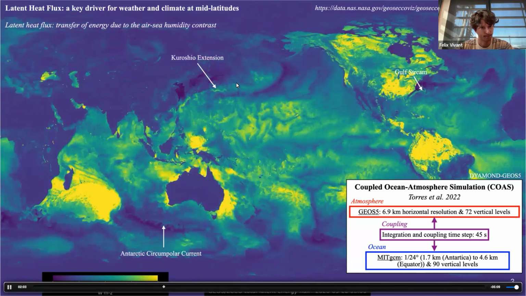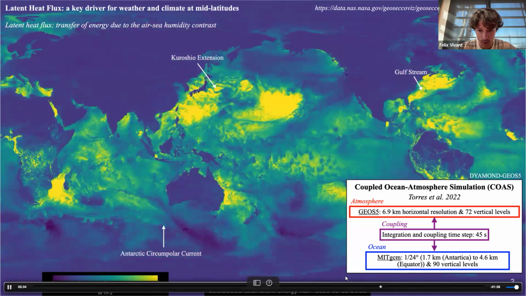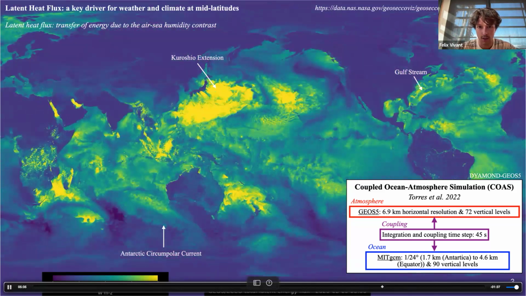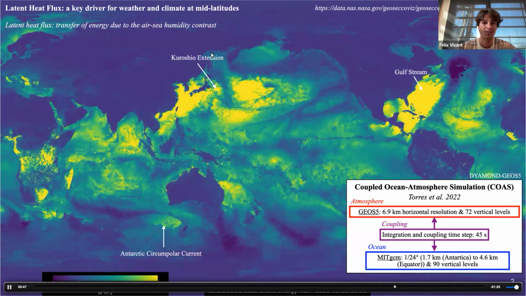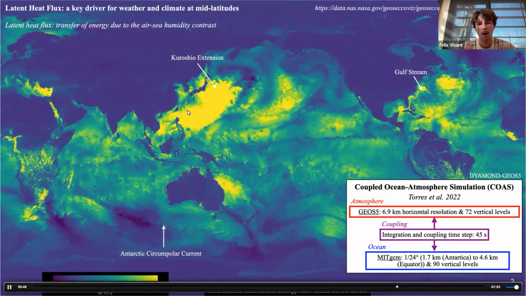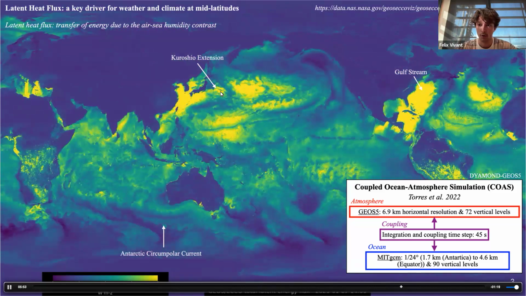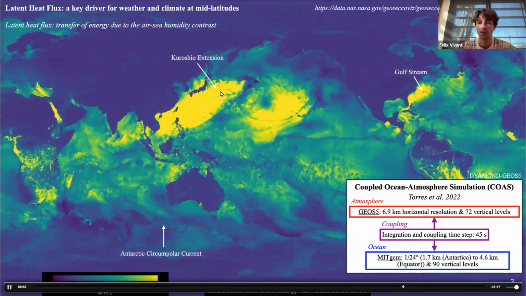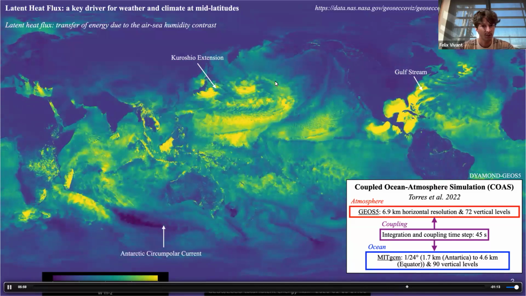And so if we look at the winter, we are actually currently in December, so in the winter in the northern hemisphere. These fluxes are especially important above western boundary currents, such as the Kuroshio extension and the Gulf Stream, mainly because of the cyclogenesis.